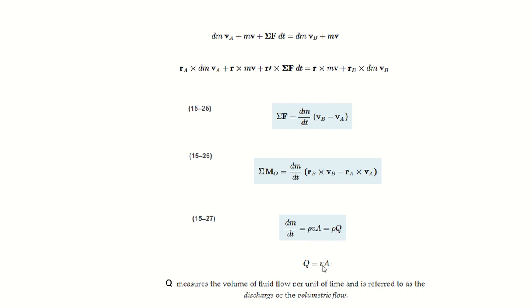So you have only Q equal to VA. Don't worry about the derivation here. If you can get that Q measures the volume of your fluid flow per unit of time, we call it the discharge or the volumetric flow, and it is your velocity times the cross-sectional entrance area. That's all you need to know.